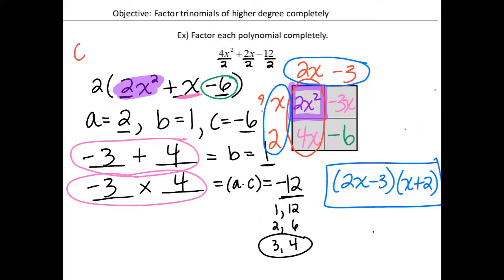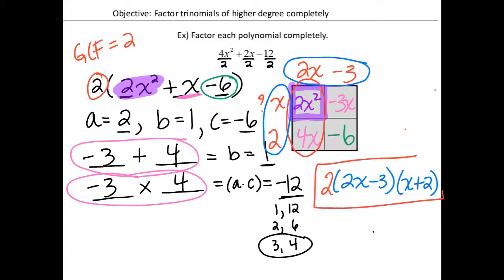Likewise here, for the first example, the GCF was 2. So I got to take that 2 and add it to my answer right here. So it's 2 times 2x minus 3 and an x plus 2. So make sure you always put the GCF in your answer, okay? I completely blanked out. I completely forgot about it.